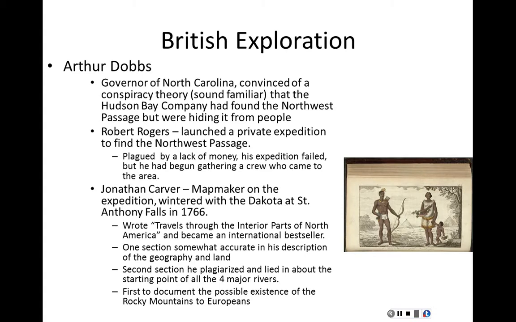Arthur Dobbs is the governor of North Carolina, and he's convinced that the Hudson Bay Company, which has already been up there in northern Canada, has found the Northwest Passage but is hiding it from people. So there's a route to Asia, and the Northwest Passage has been found, but they're keeping it under wraps.